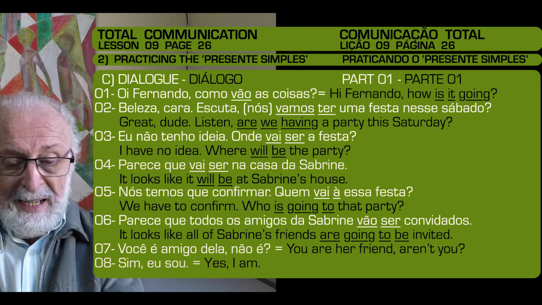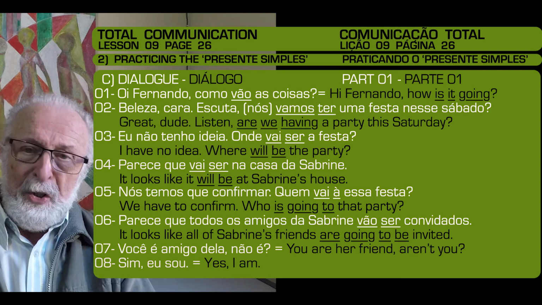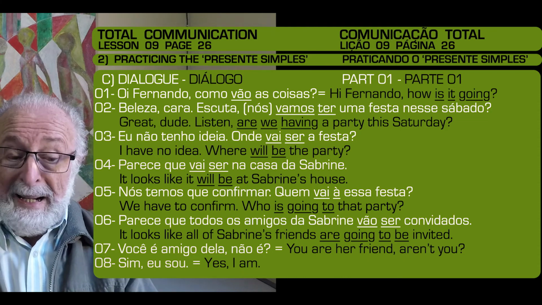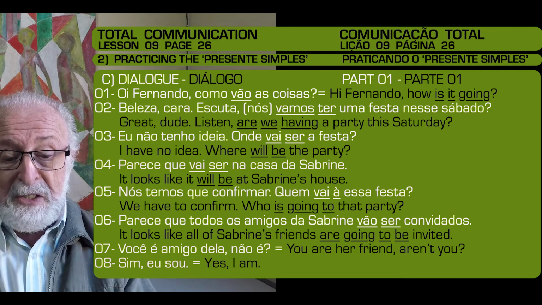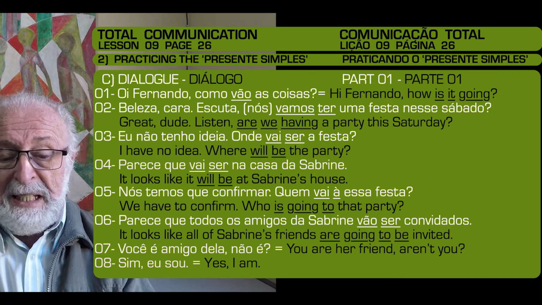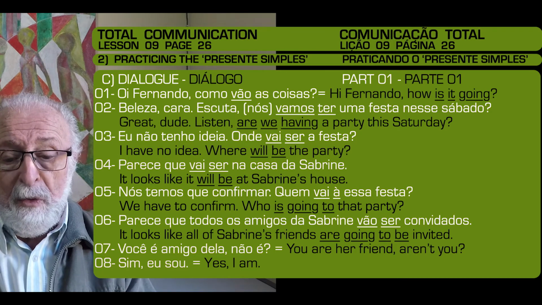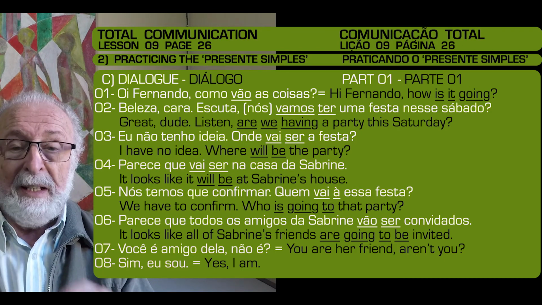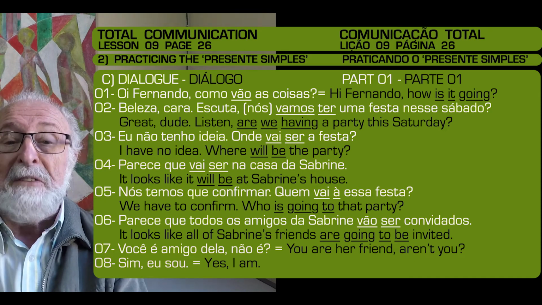You see that I underlined the verbs to see the meaning in Portuguese and English. Então, parece, looks like, all of Sabrine's friends are going to be invited. Parece que todos os amigos da Sabrine vão ser. Are going. But literally, go. They go be invited.